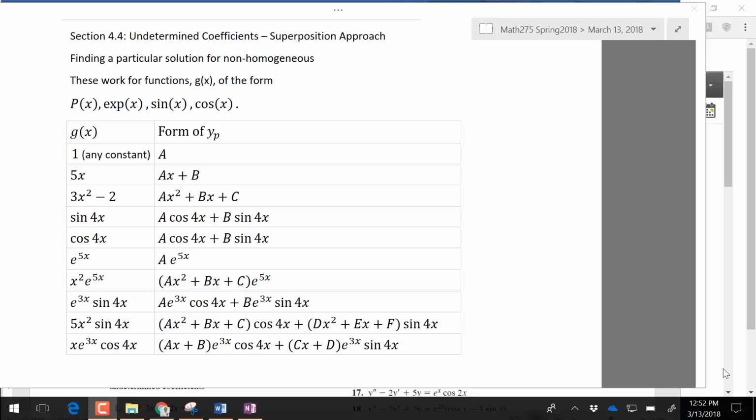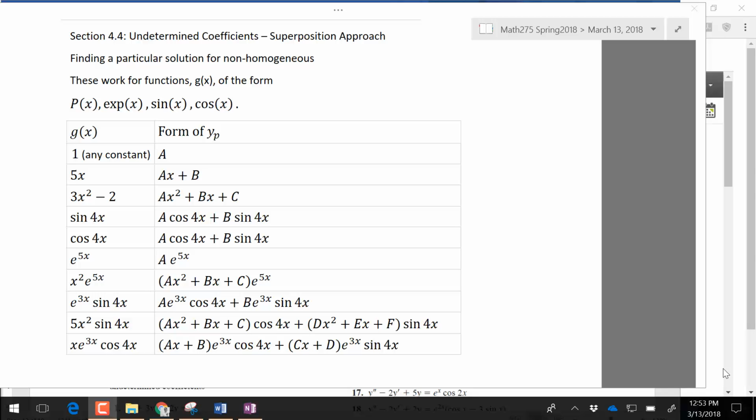So this is a simple case of being able to solve for non-homogeneous equations. We're still talking about constant coefficients and all those nice things.